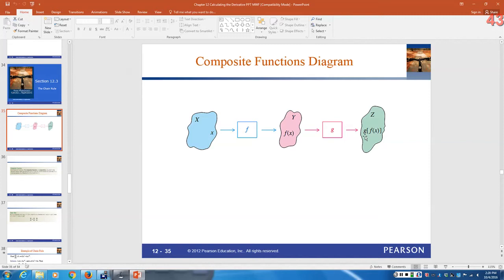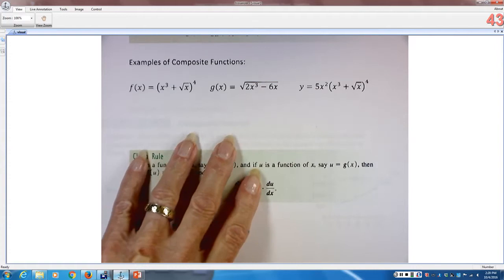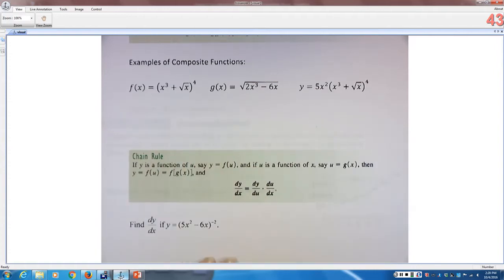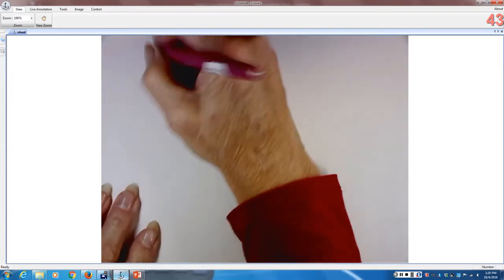Now, to make that make a little more sense, I want to go with something a little simpler first. Let's pick a couple of fairly simple functions and play around with composition of functions.